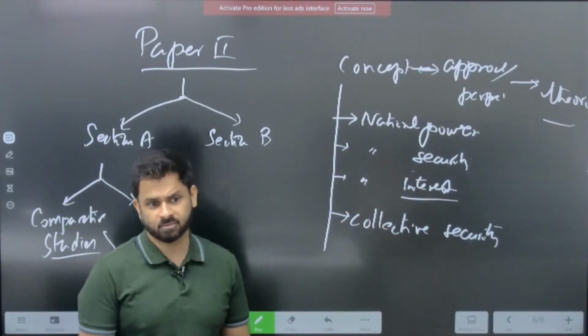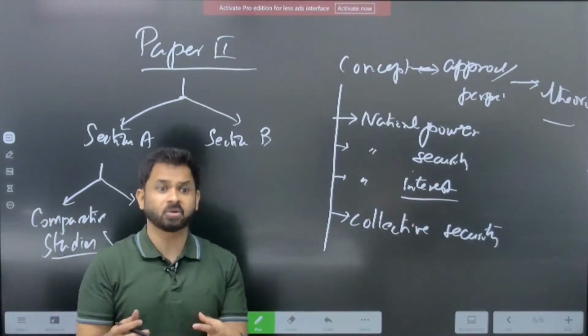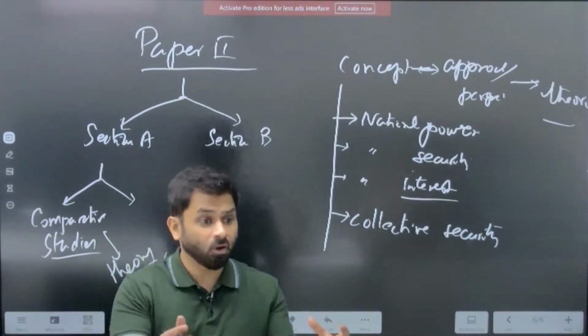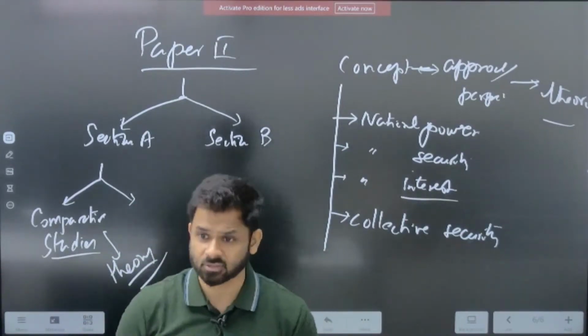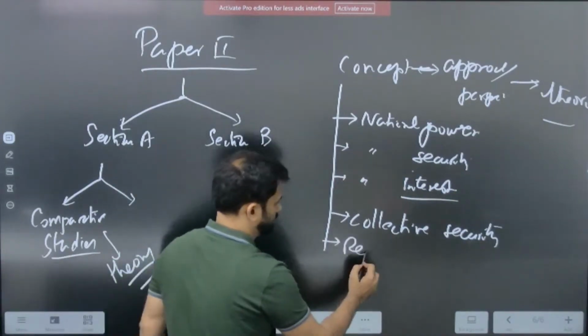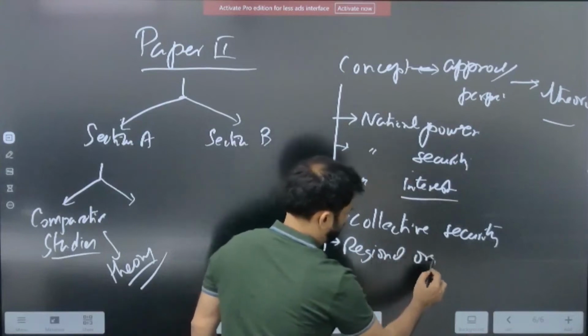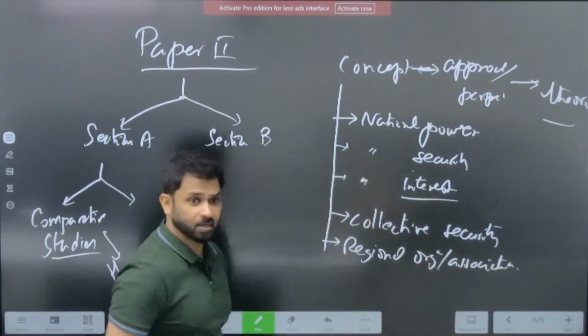Individually also you want to secure yourself, and many countries can come together. We have power, bloc politics, we have regional level politics. Many countries come and form an association. So regional organizations or associations, that's another concept through which world politics is being conducted.